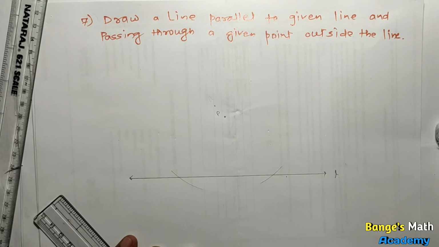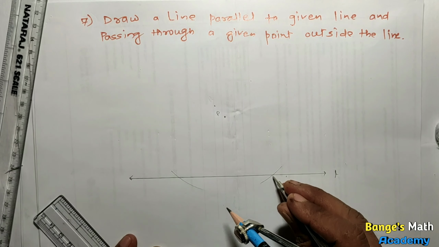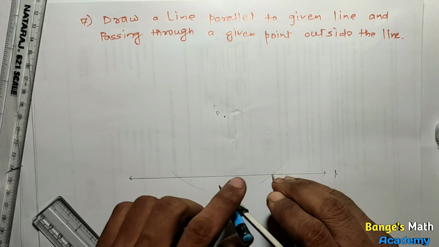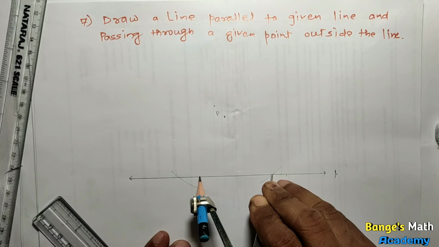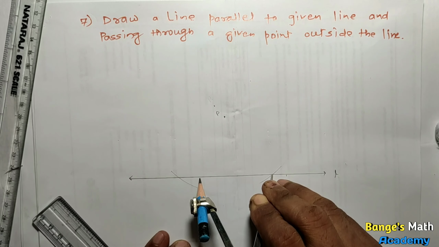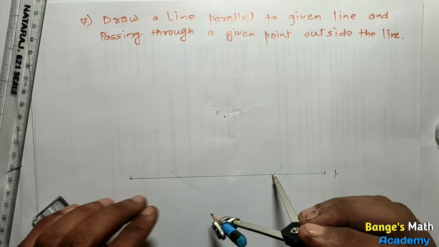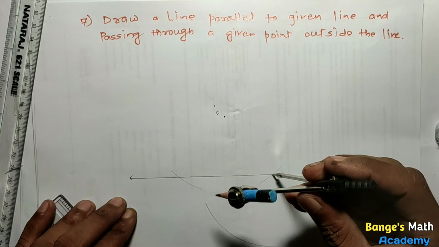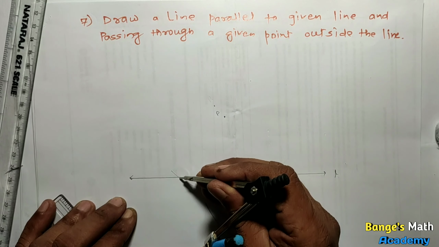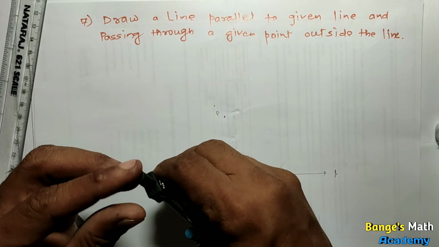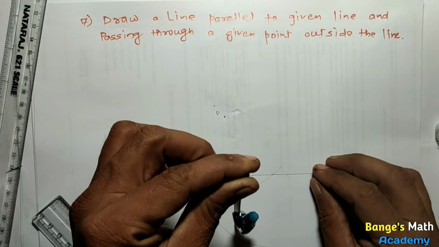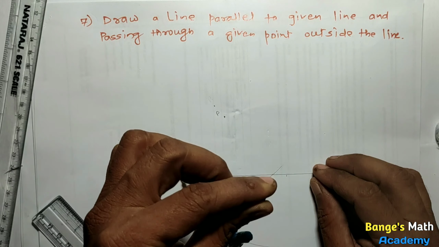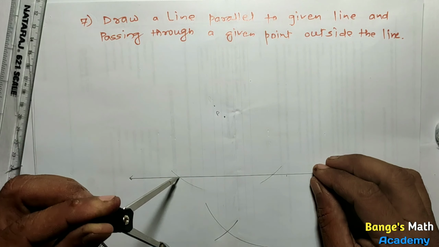Then take distance in your compass further apart than half of the distance between these two arcs and draw arcs to the lower side. Keeping the distance same, put still point on another point of intersection of arc and draw an intersecting arc to the previous arc.